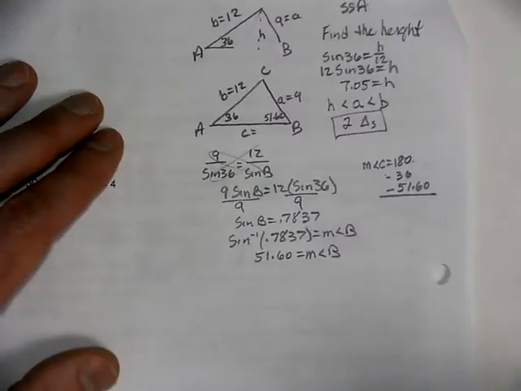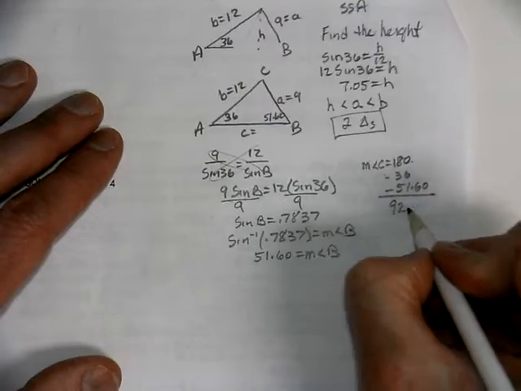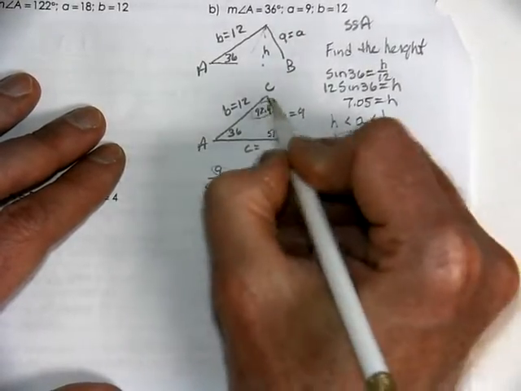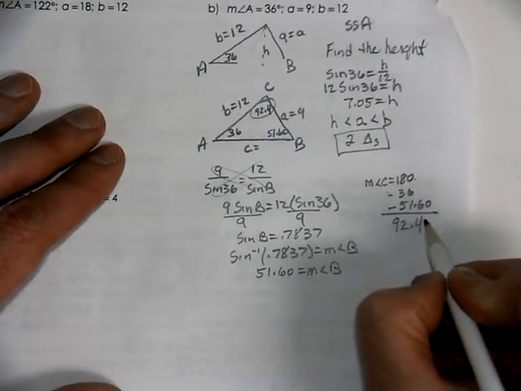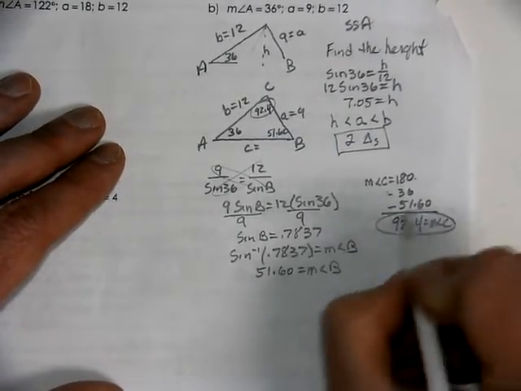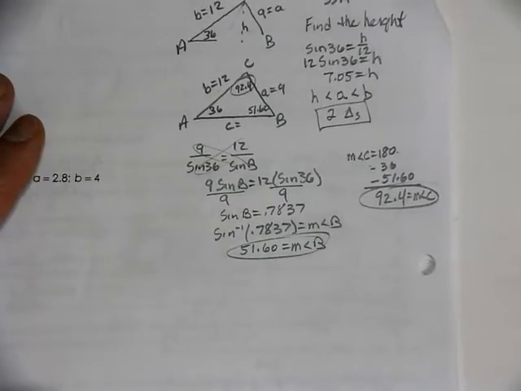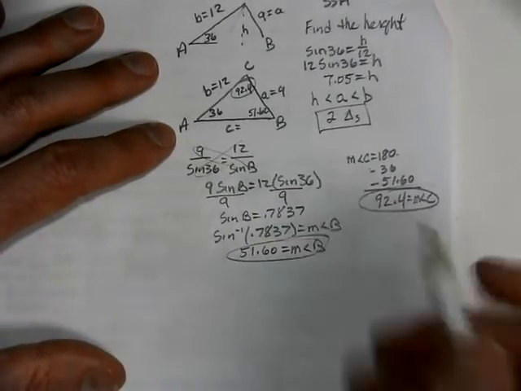That gives us 92.4. So this is the measurement of angle C. Want to label your work. And we have one less side to find.